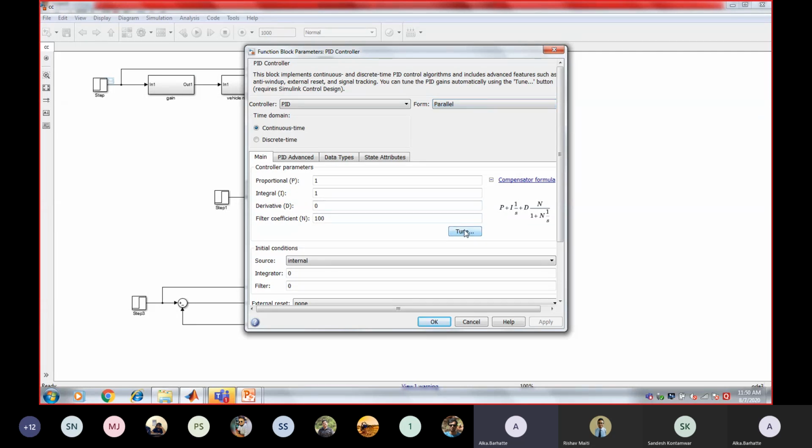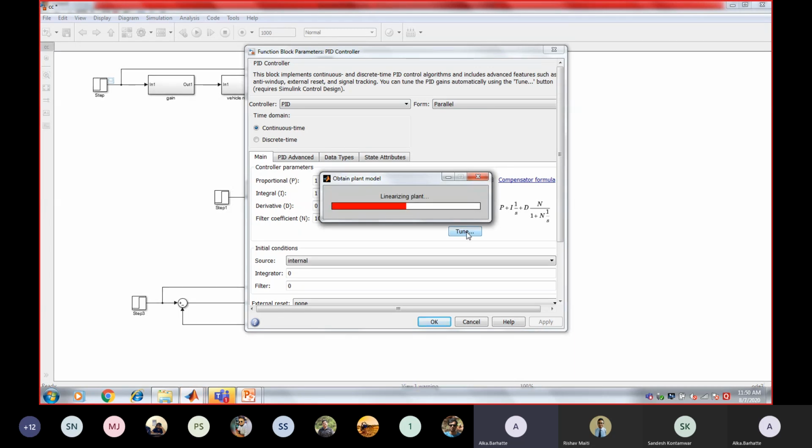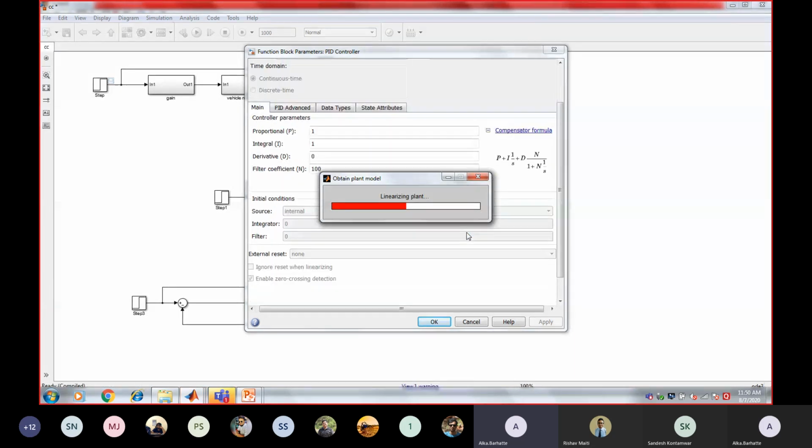You have to simply click on tune, since initially the output was not linear. We are not getting the linear curve at the output, so it will linearize the plant output. It will try to get the expected output, the expected speed.